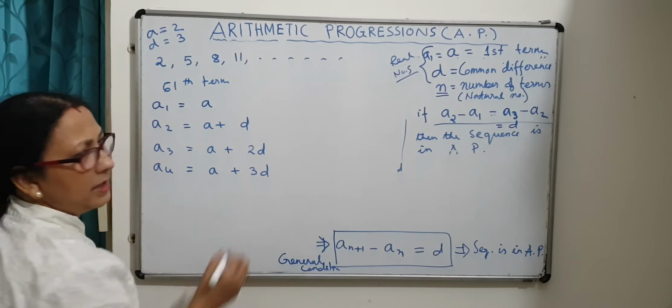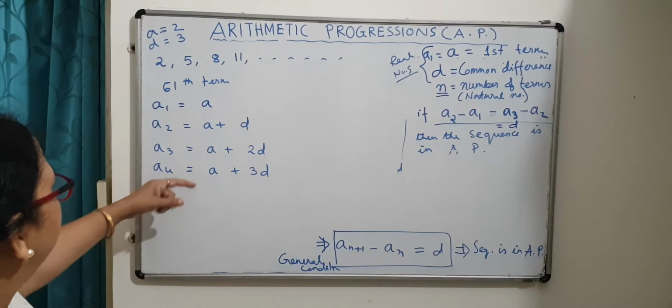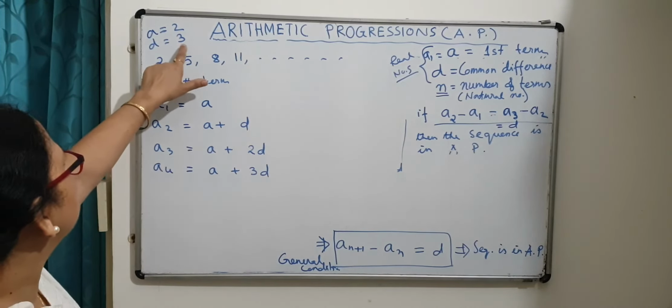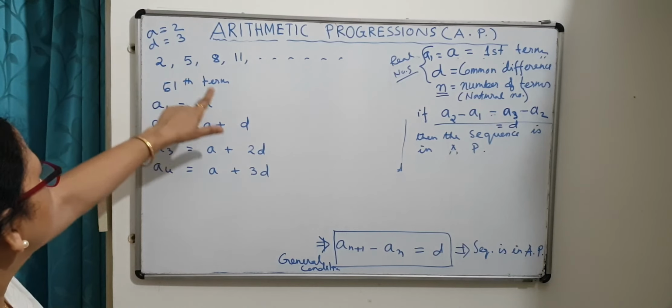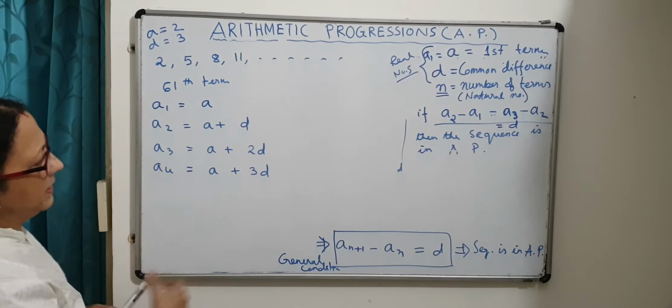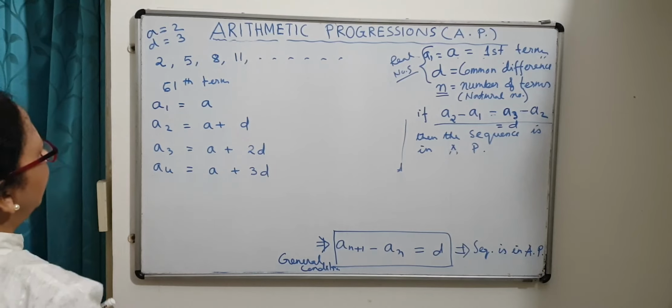In the very beginning I have shown you how we are getting the next term simply by adding the common difference. If you observe the pattern, how can I write this one?